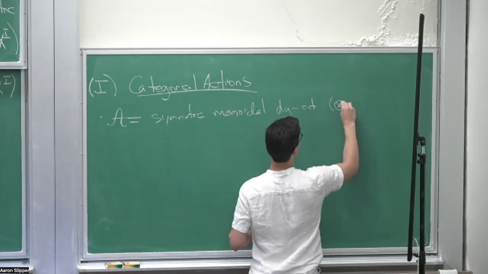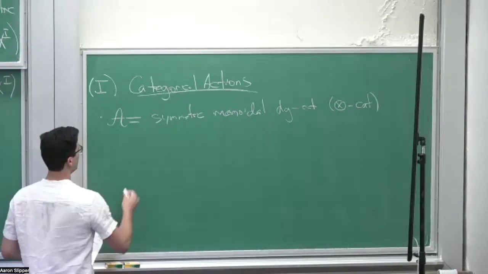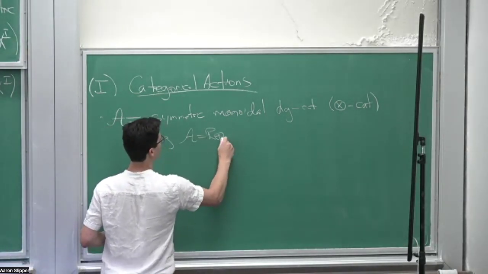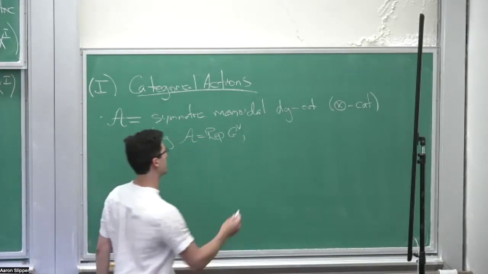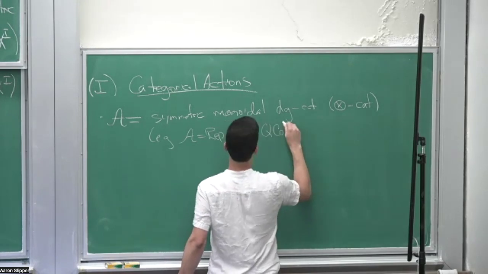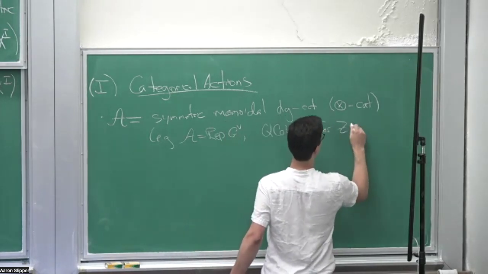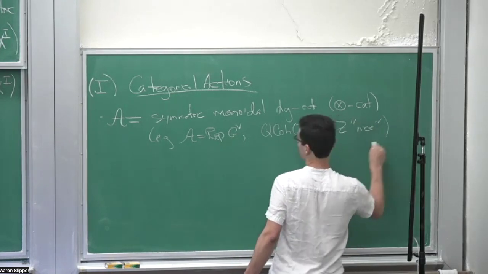Sometimes I just refer to these as tensor categories for simplicity. And e.g., A will be Rep G check, or more generally, just QCoh of some nice stack Z. And I will say what nice means.